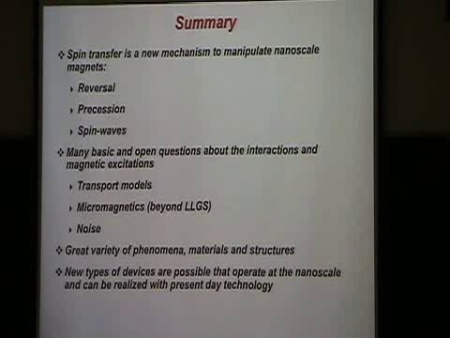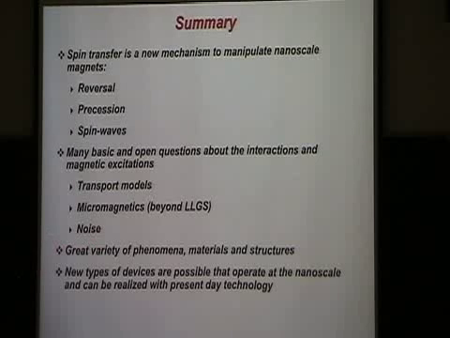Okay, so I hope I've taught you something that you found interesting: that you can reverse magnetization, you can cause precession, you can excite spin waves. There are many basic questions. There are questions from the transport side: how do you understand the interactions between currents and magnetization? There's micromagnetics: how do you include these interactions in micromagnetics?